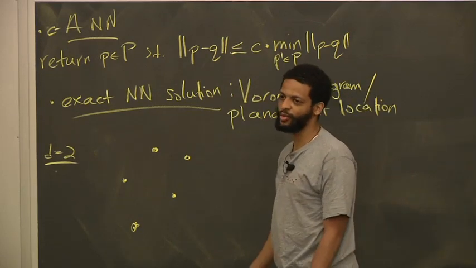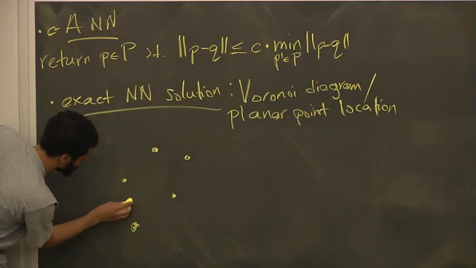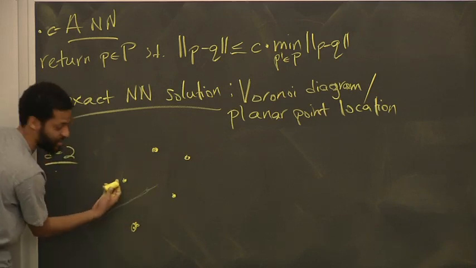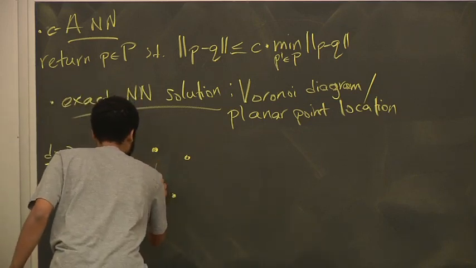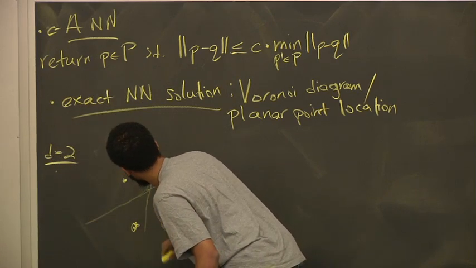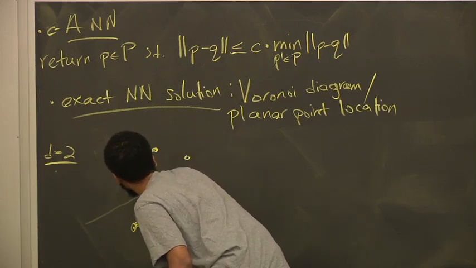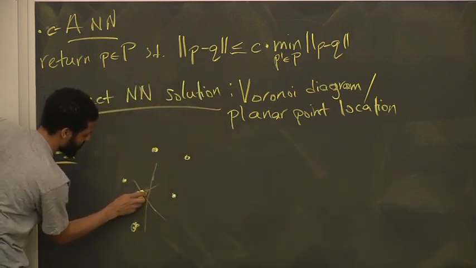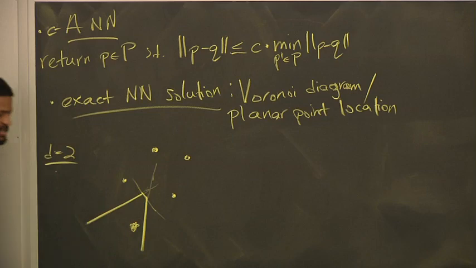They divide up the plane into regions. Let me try and draw the bisectors. Everything on this side of the line is closer to him than to him, and each pair has their own bisectors. I'm very bad at drawing. Everyone in this region has this guy as their nearest neighbor.